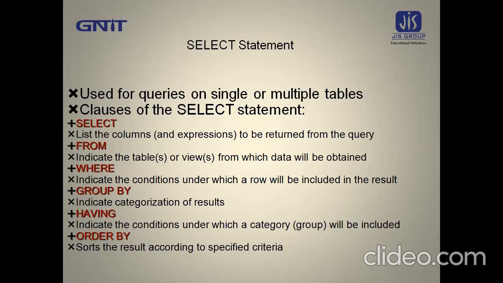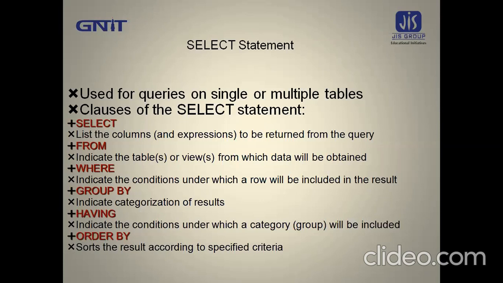The from statement indicates the tables or views from which data will be obtained. Where indicates the conditions under which a row will be included in the result. Group by indicates the categorization of results. Having indicates the conditions under which a category will be included. And order by sorts the results according to specified criteria.